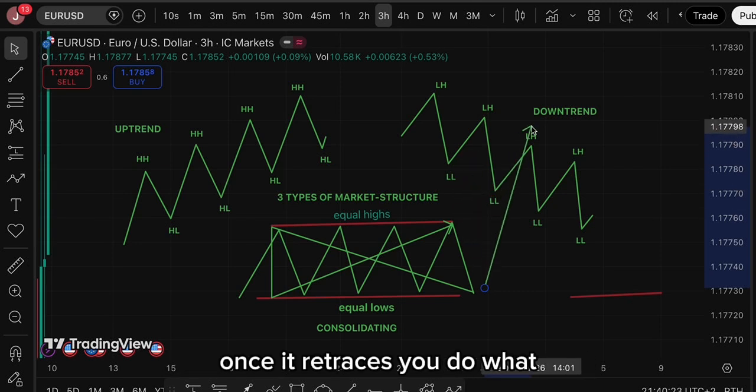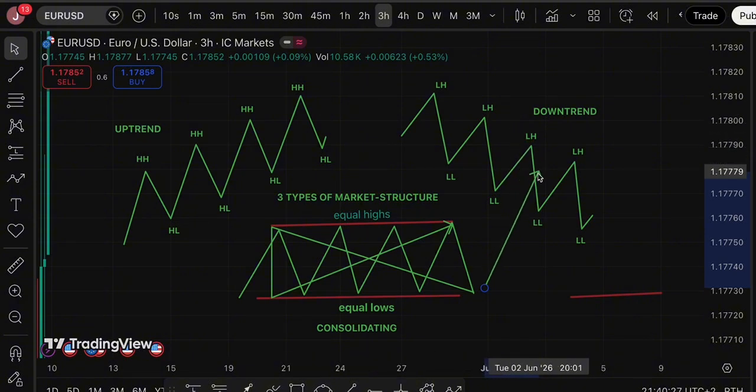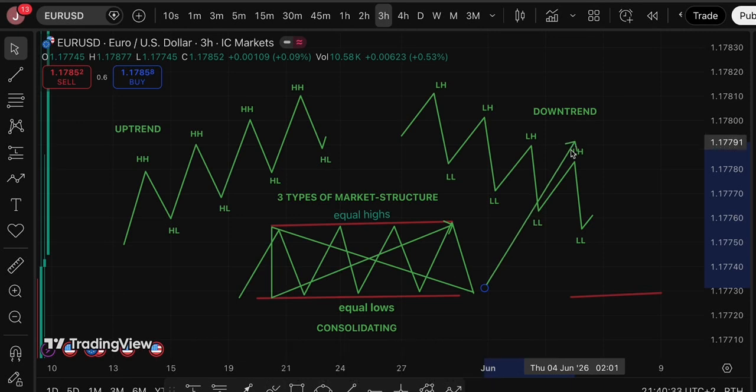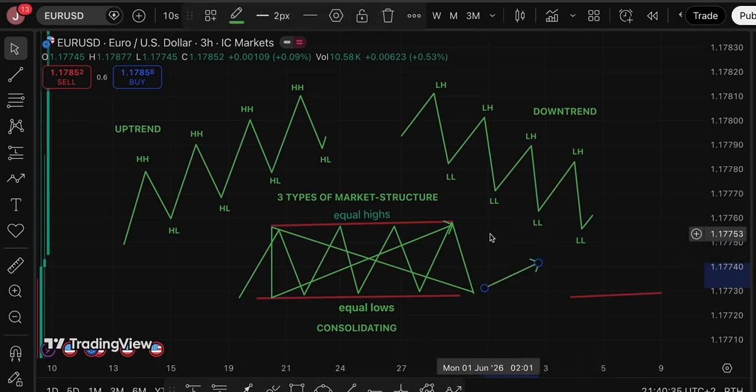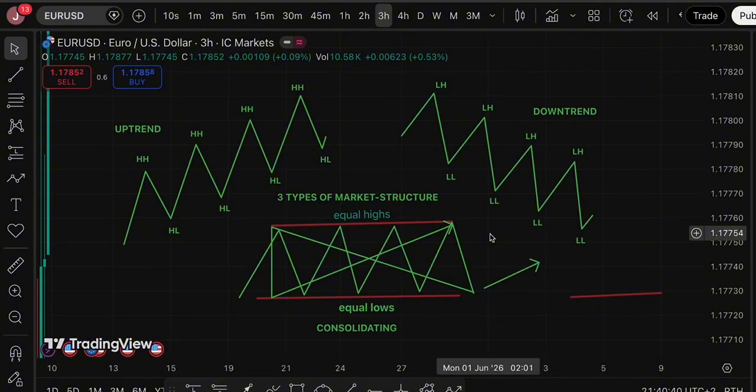Once it retraces, you sell. Then take your profit. Look for another retracement. You sell. It is that simple. You just need to look for a good strategy that works with the trend, and it will make your life easier and closer to being profitable.